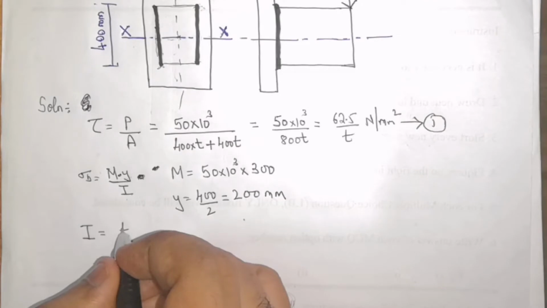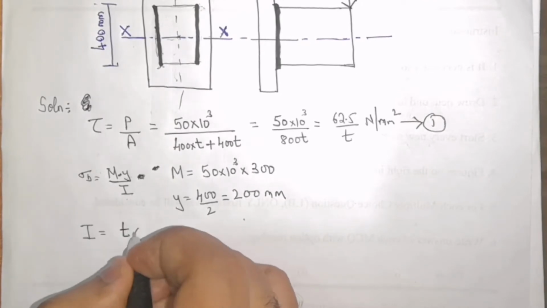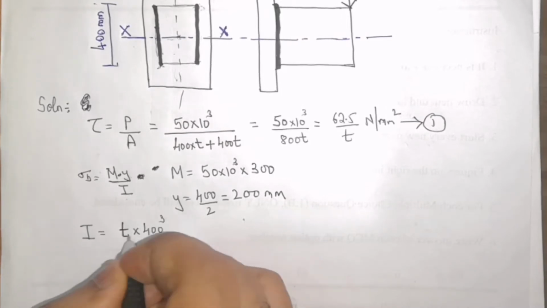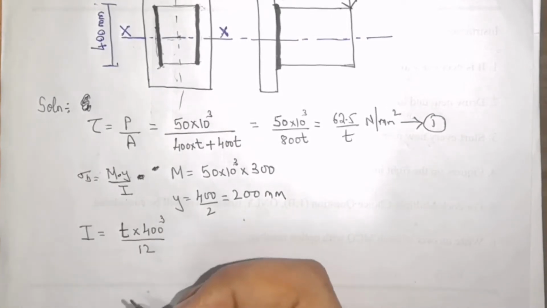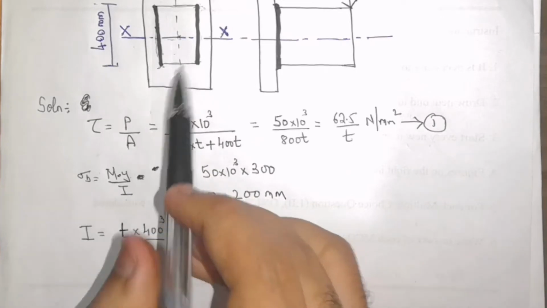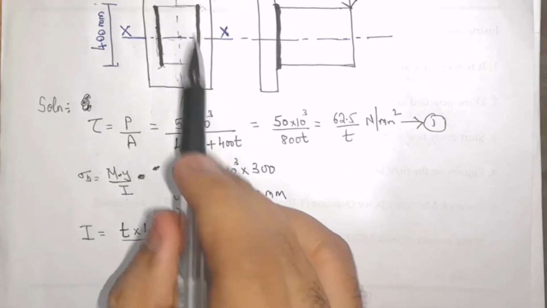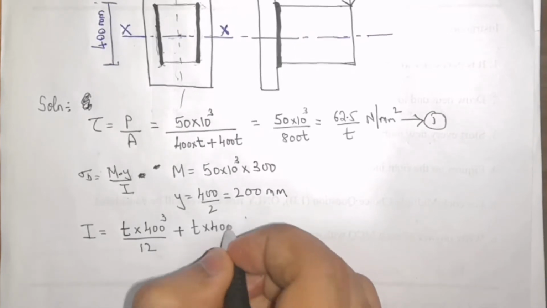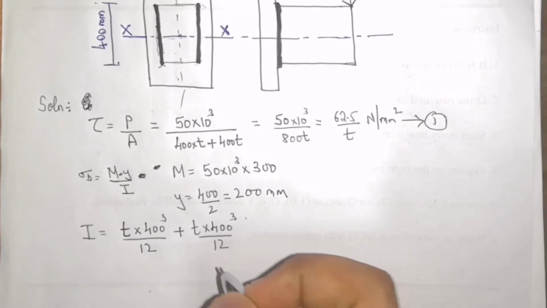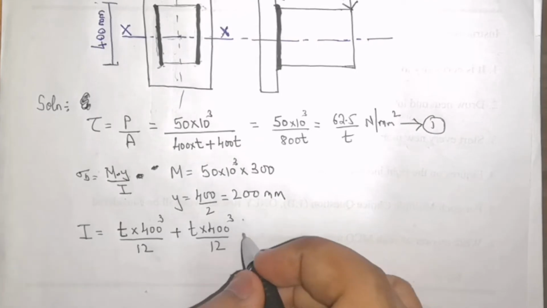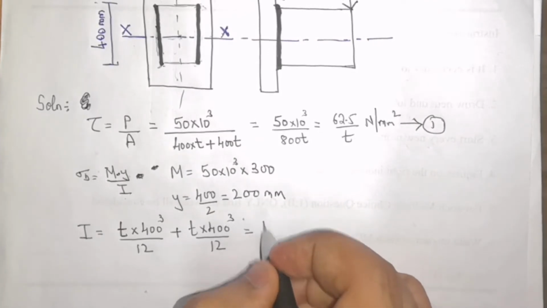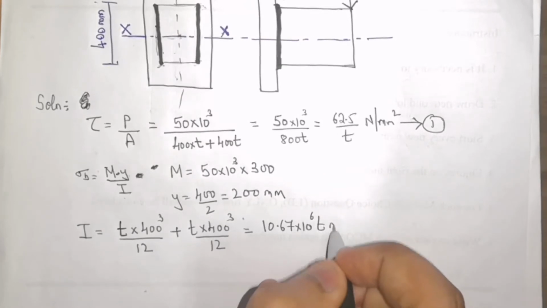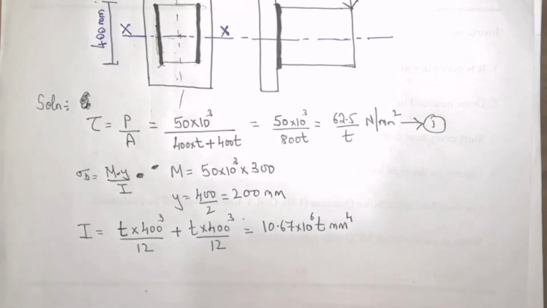So I will get B is T multiplied by D is 400 cube divided by 12. Similarly, for this weld, BD cube by 12, that is T multiplied by 400 cube divided by 12. Solving this expression, I will get I is equal to 10.67 into 10 raised to 6 T mm raised to 4.